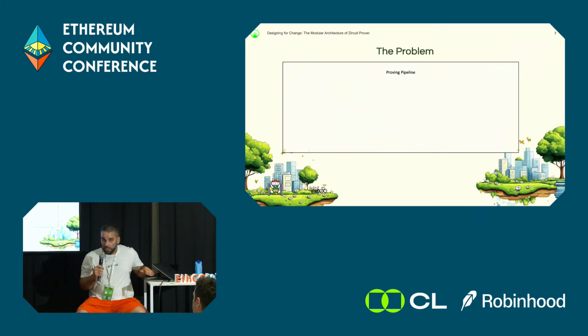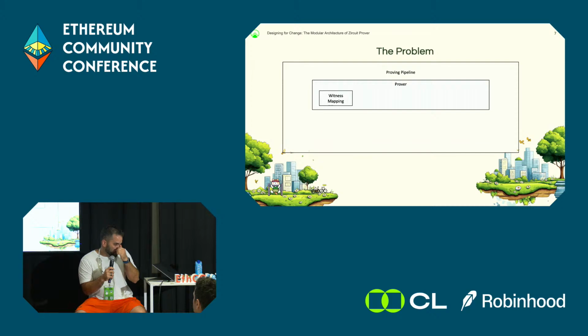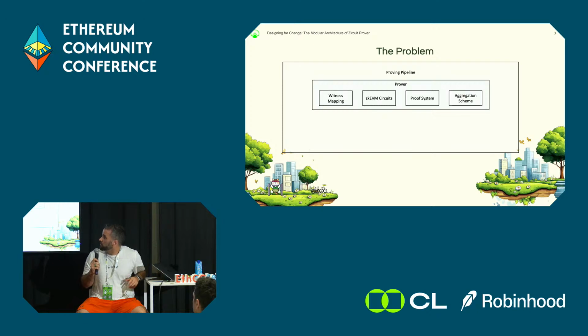So the problem. Here I'm going to go with an example just to highlight what the problem is. Let's imagine we have a proving pipeline, and in the prover we have a few components. We have a witness mapping, ZK EVM circuits, a proof system, and an aggregation scheme.